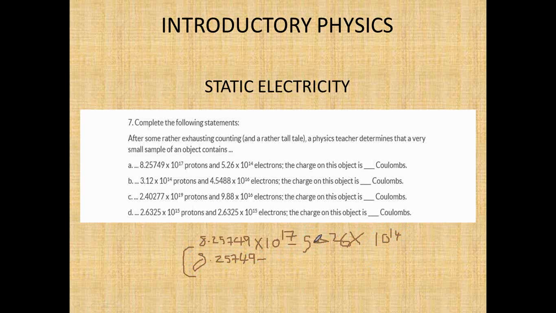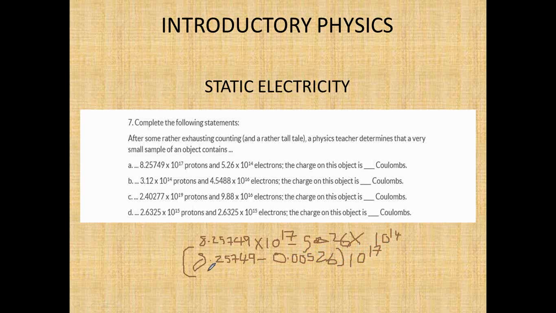So when we move the decimal point 3 places, you're going to minus 0.00052626 times 10 to the power 17. Okay, so 1, 2, 3.